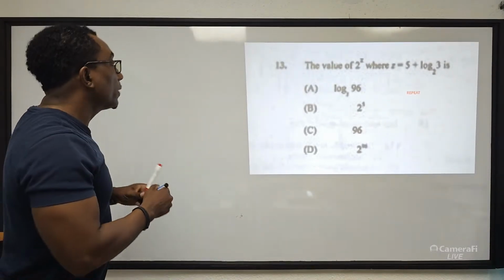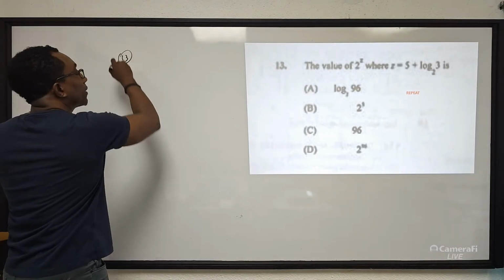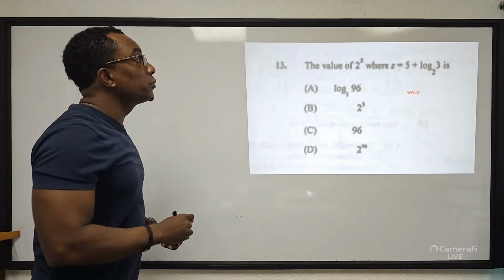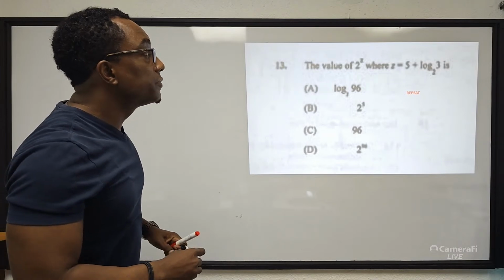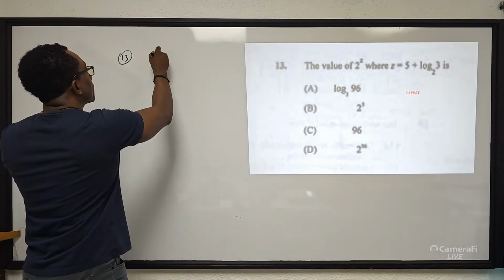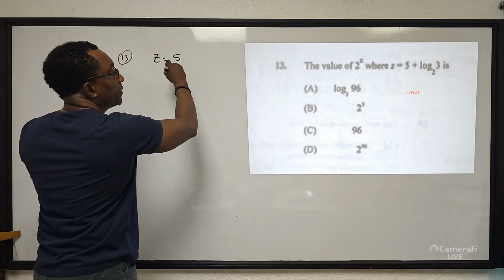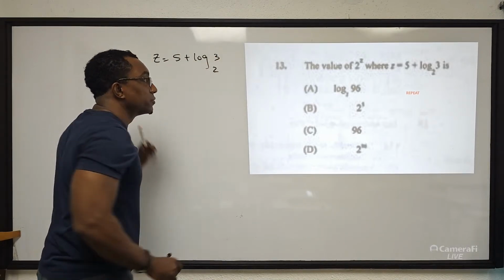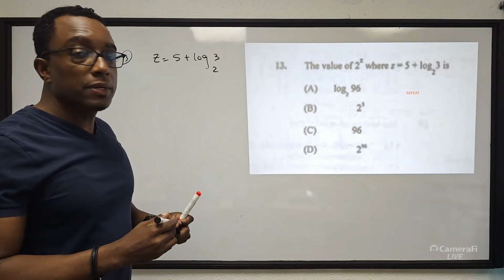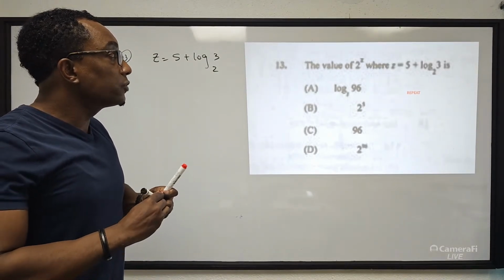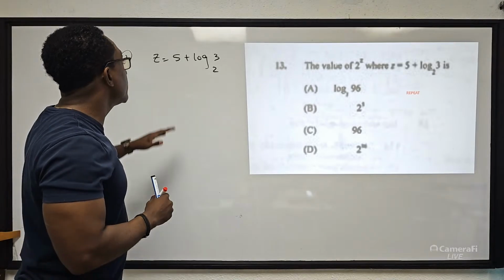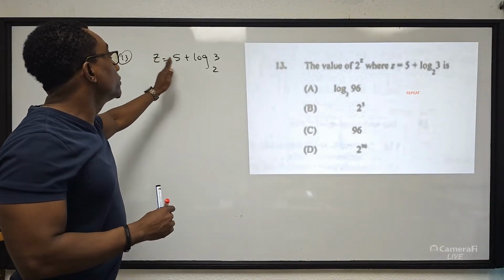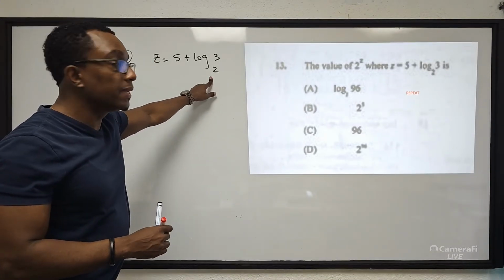So question 13, we have the value of 2 to the power of z, where z is equal to 5 plus log 3 to the base 2. So we want to determine what is 2 to the power of z, and the trick with this is logs. We want to get each term to a base of 2.